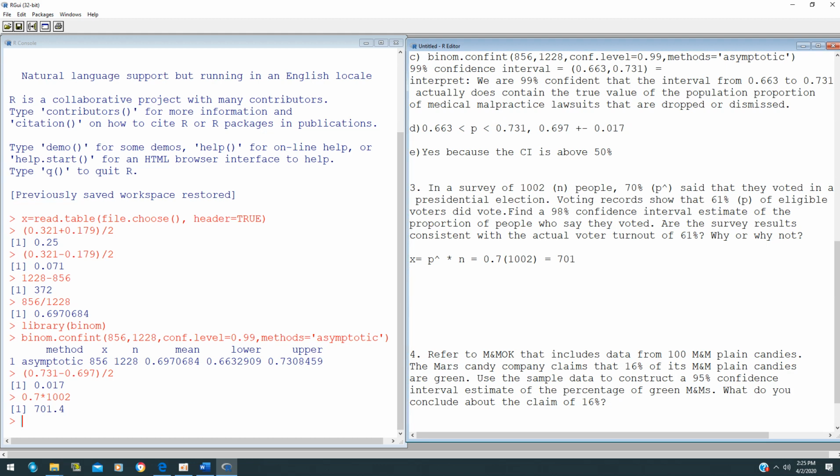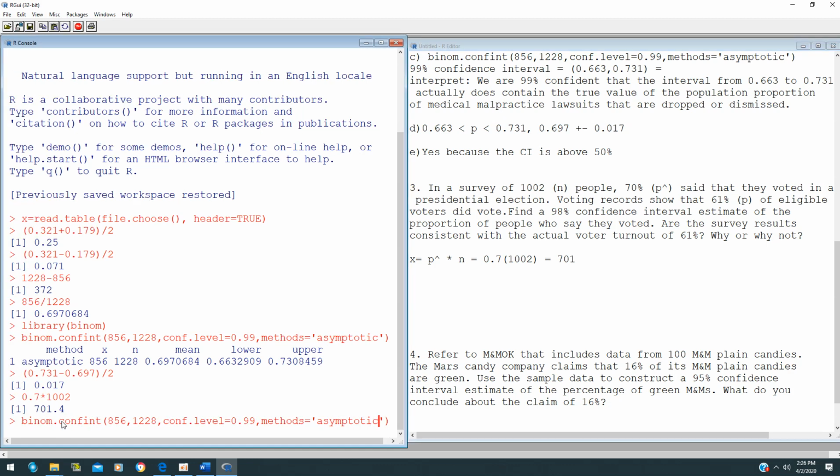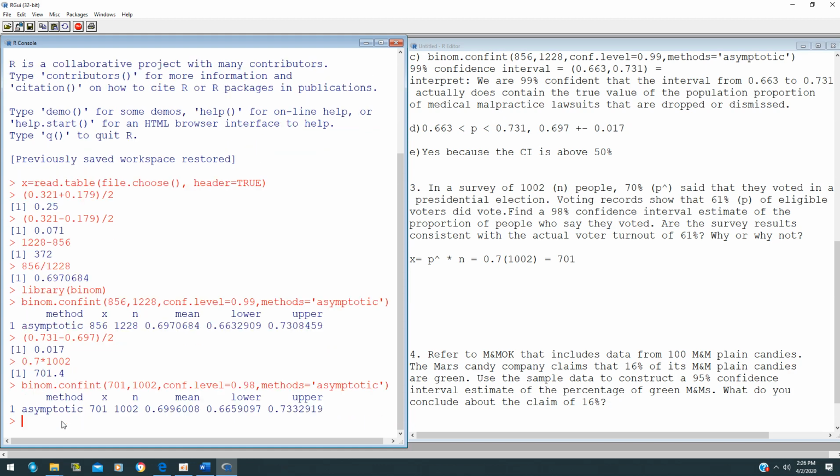The next thing you need to do is your 98% confidence interval. So you use your binom.confint, and you have to change your numbers. The first number, X in this case, is 701. N in this case is 1,002. Your conf.level is 0.98 because the question is asking you to find 98%. And the method is asymptotic.